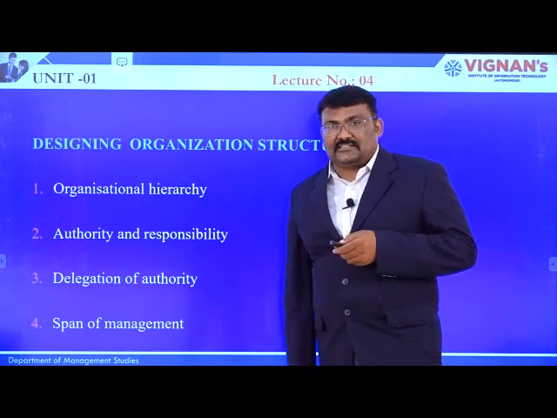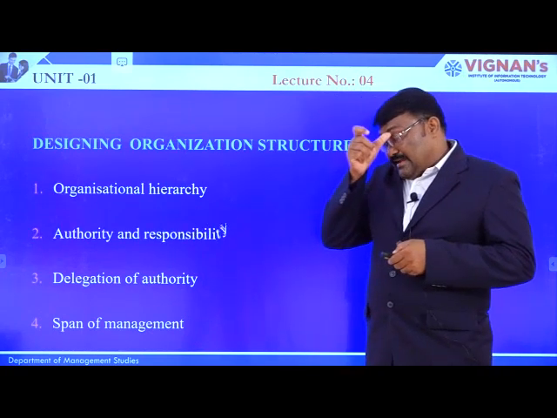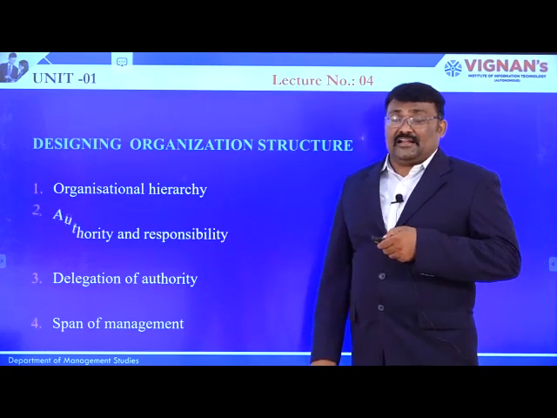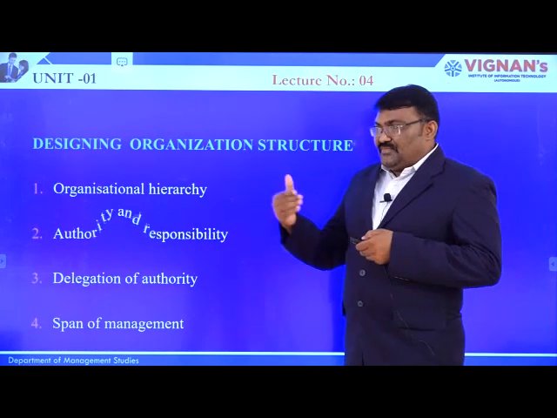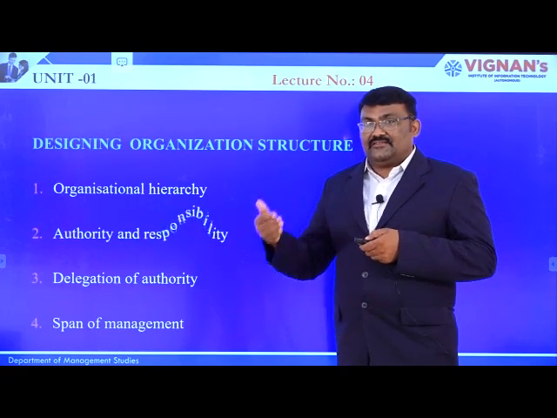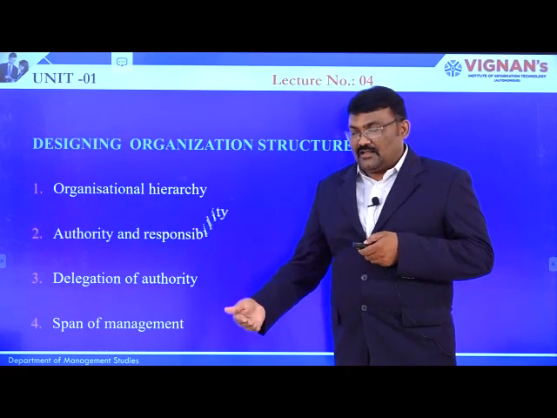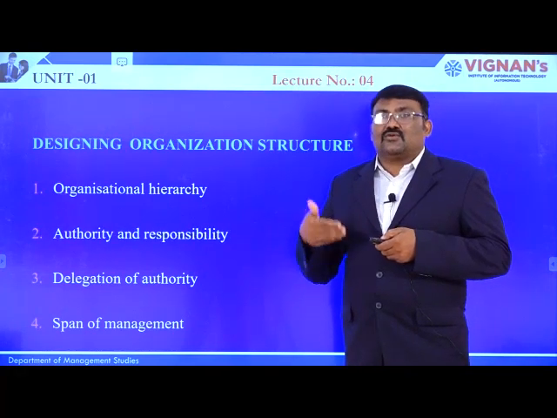So, coming to the second point, that is authority and responsibility. Authority and responsibility is about to what extent the superior is given a hold on the subordinate, and to what extent he is given the power to control the subordinate.